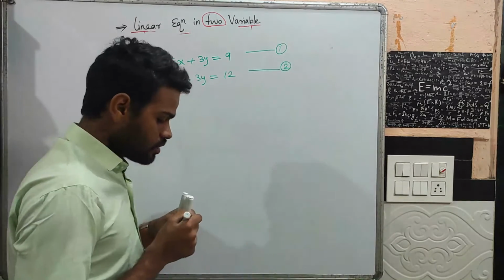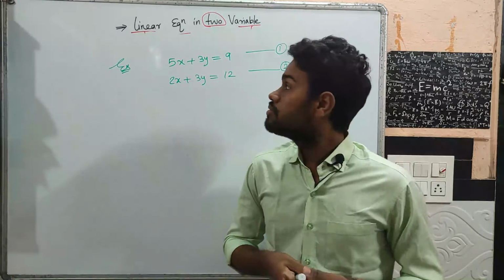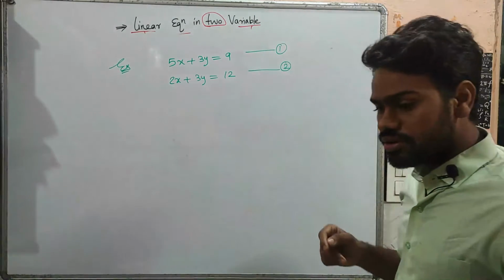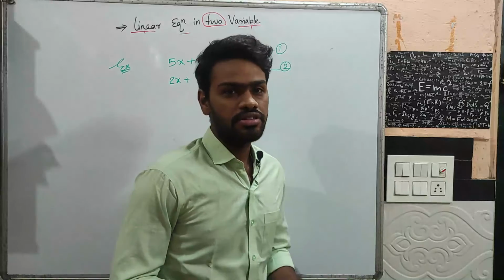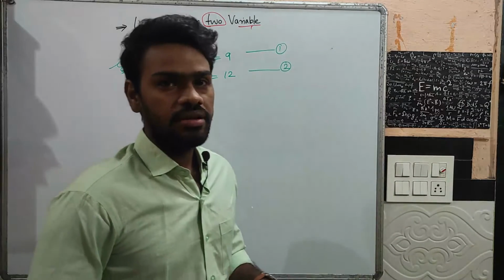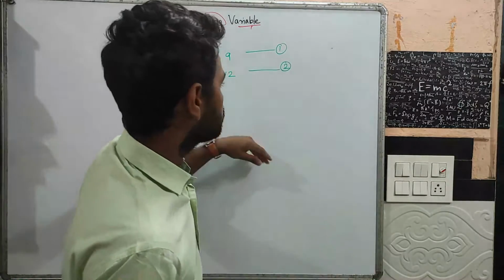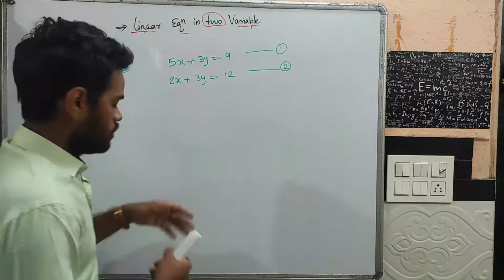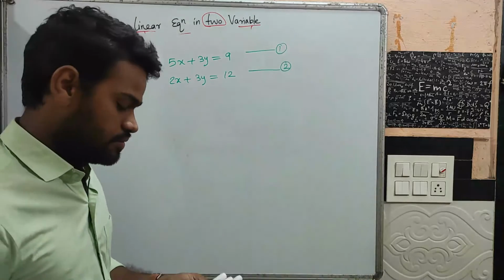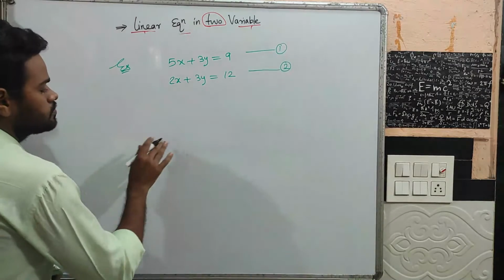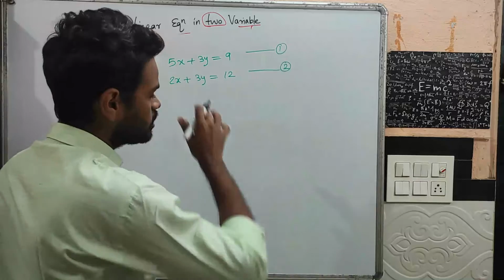We can solve by using three or four methods: substitution, simultaneous elimination method, graphical method, and Cramer's rule. But here we will discuss only the simultaneous equation method. We have to eliminate either x or y.